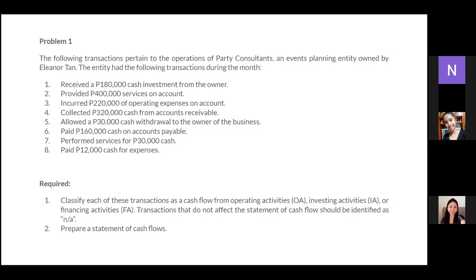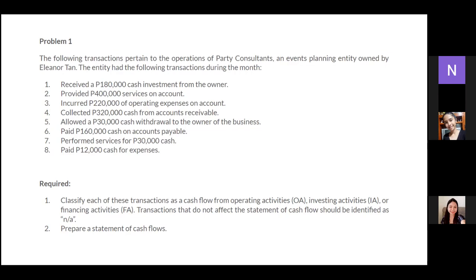Paid 160,000 cash on accounts payable. Perform services for 30,000 cash. And lastly, paid 12,000 cash for the expenses.